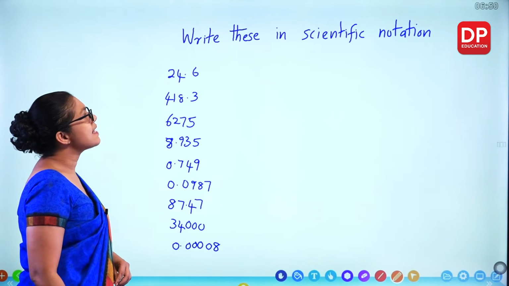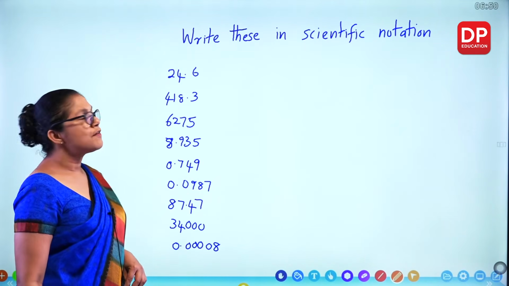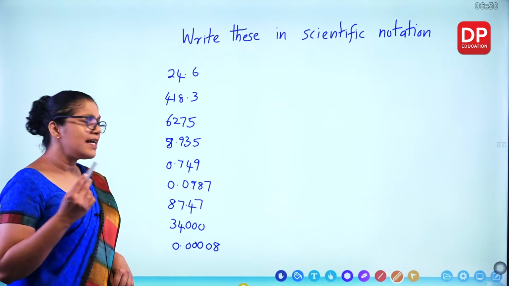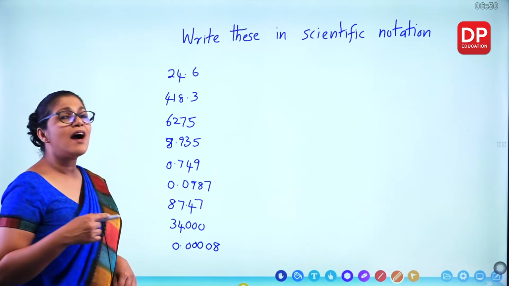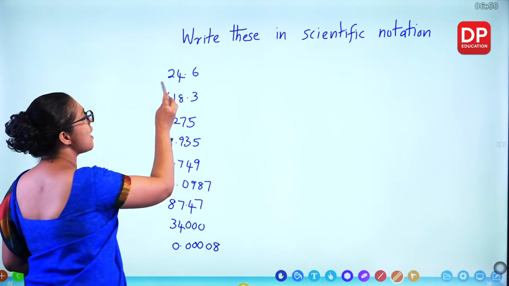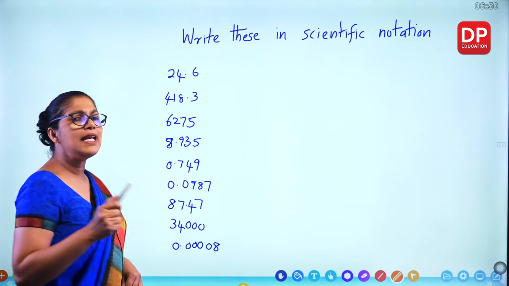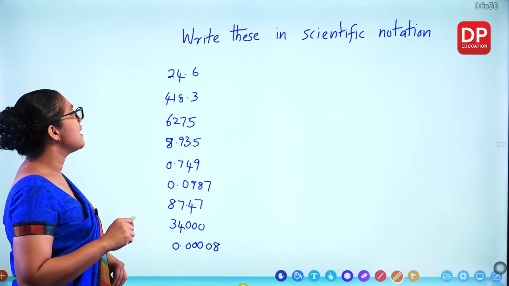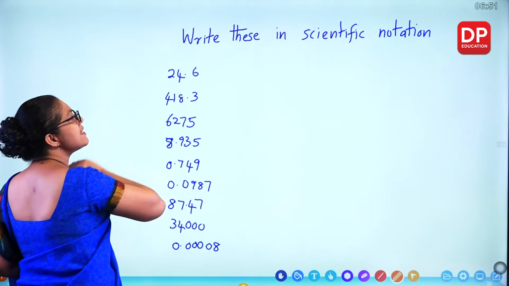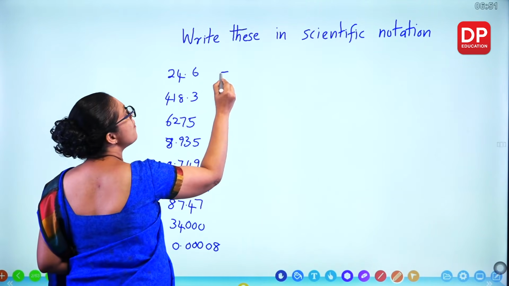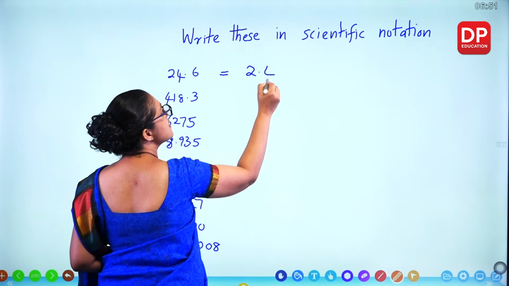Look at these examples. 24.6. Is it less than 10? No. So we are trying to write down this number in between 1 to 9.999. So what we can do, what's the number less than 10? 2.46.